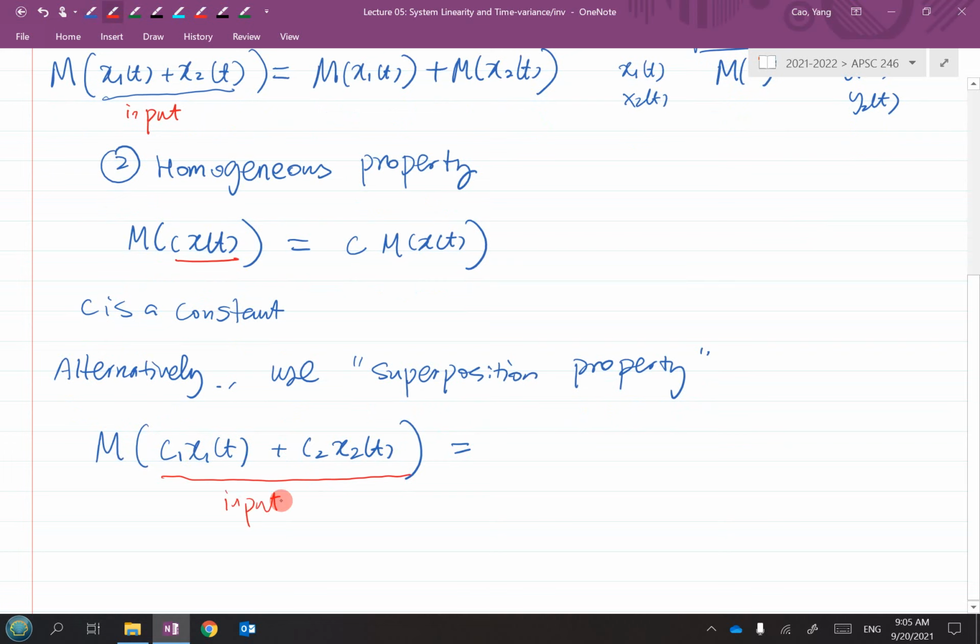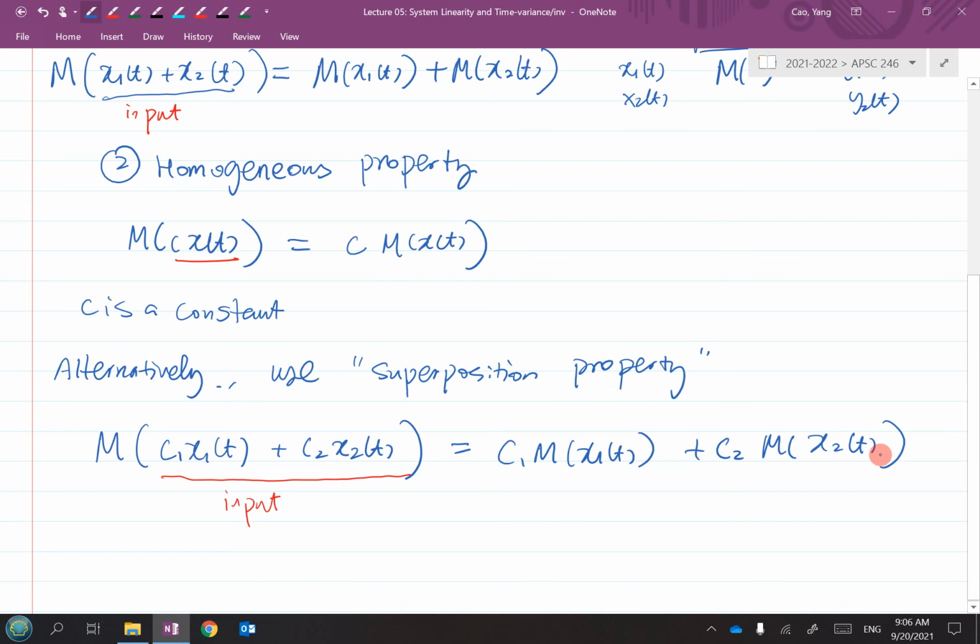This will produce an output, given a certain system operator. This output needs to be the same as c1 times M of x1 of t plus c2 times M of x2 of t. Equivalently, you can either use the superposition to check the system linearity, or check it using the two properties separately, additive and homogeneous.